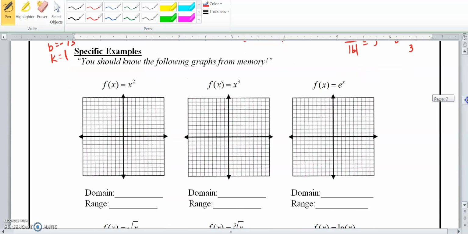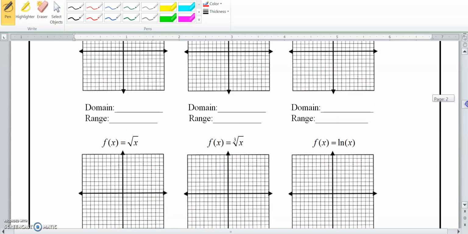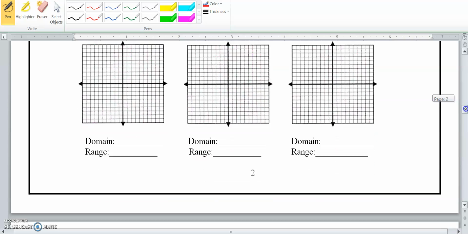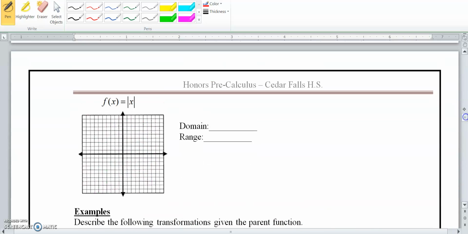So these, we do start to expect that you have the general parent function graph memorized. So go ahead and keep practicing those if you aren't comfortable graphing those, because we're going to continue to transform them for this activity.